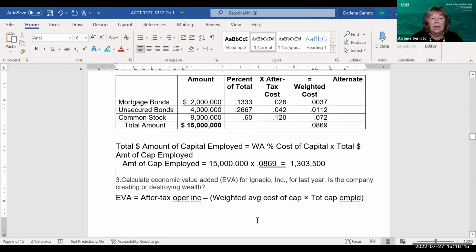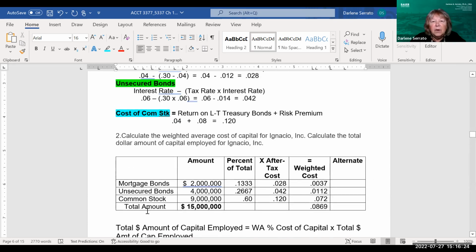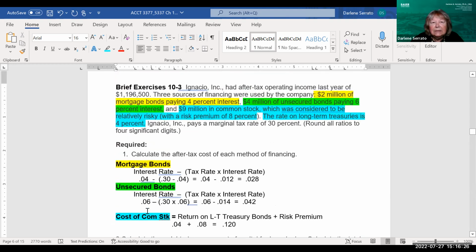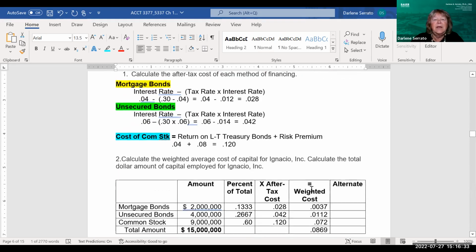So calculating economic value added. So the after-tax profit was 1,196,500.